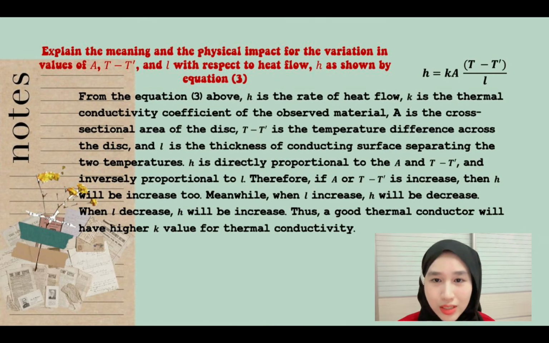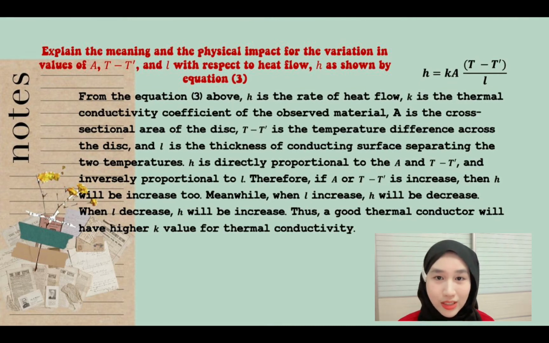Therefore, if the cross-sectional area or the temperature difference is increased, then heat flow will be increased too, since it is directly proportional. Meanwhile, when the thickness of conducting surface increases, then the heat flow will decrease.